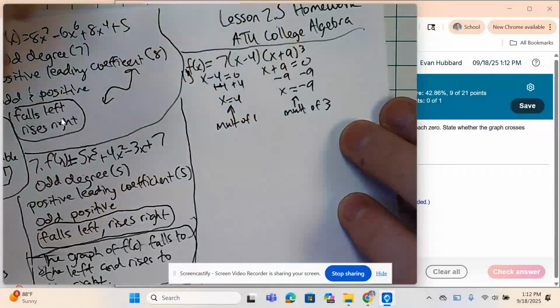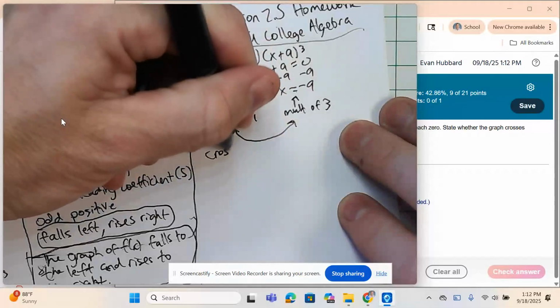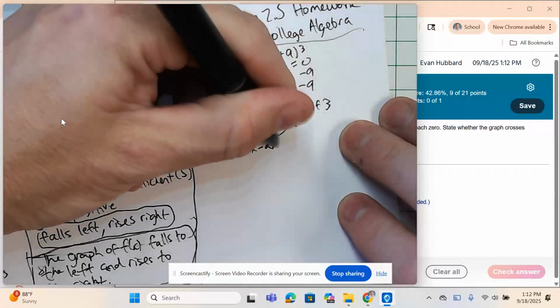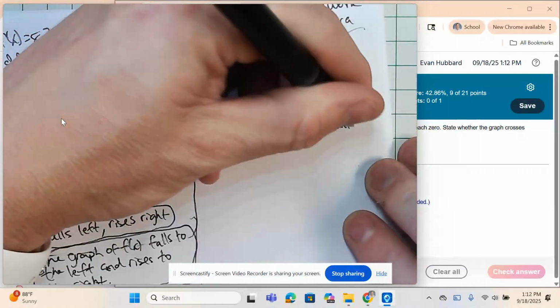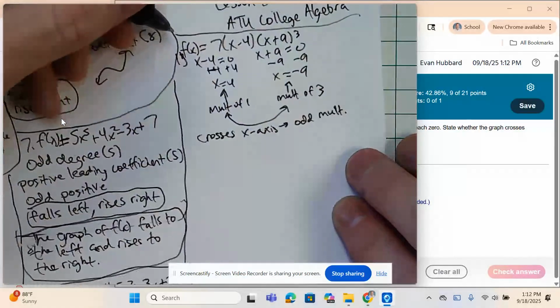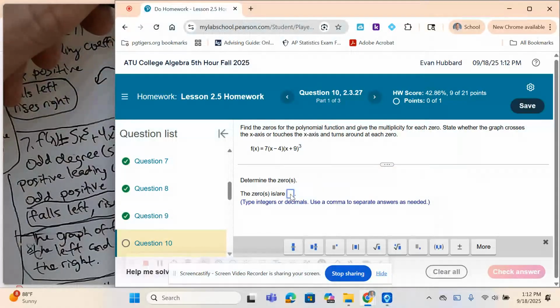And so on both of these, it's going to cross the x-axis, because they are odd multiplicities. So the zeros are 4 and negative 9.